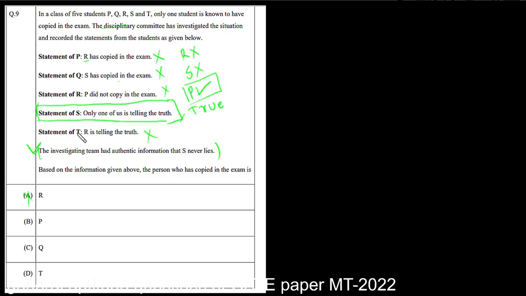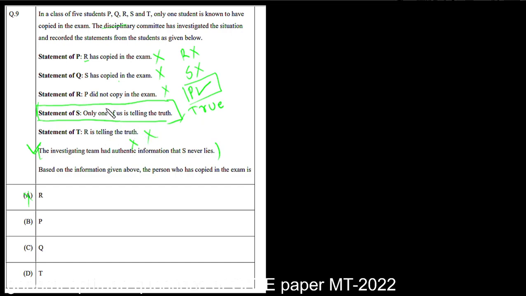Now let's also check the statement of student T. T says R is telling the truth. Again this statement is wrong, so we have to reverse it. R is not telling the truth. This condition is satisfied because we already know the other conditions are false.